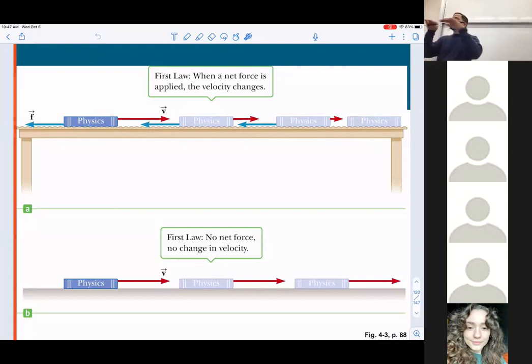And then you make it even more smooth, it's going to slide an even longer distance before coming to a stop. If you put it on an ice rink, it's going to slide a very long distance before coming to a stop. And so he imagined if you could make this surface infinitely smooth, it would just keep going forever and ever. That's when the force of friction is exactly 0.